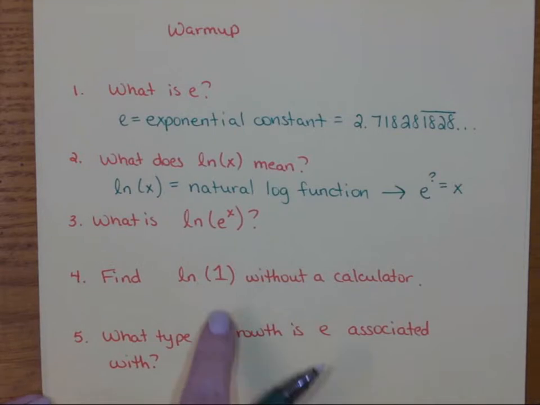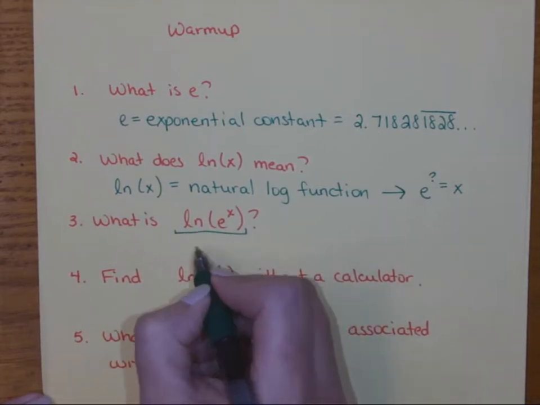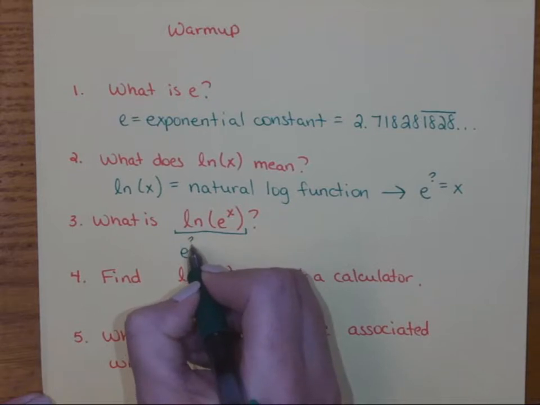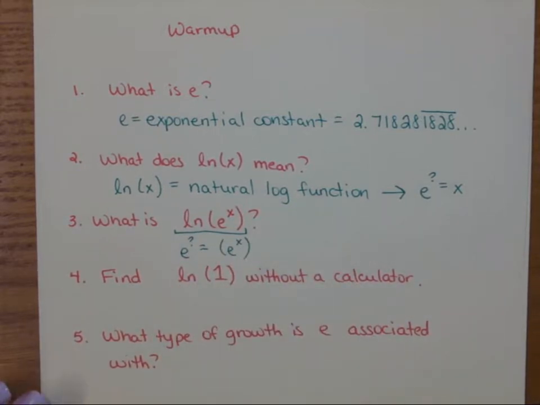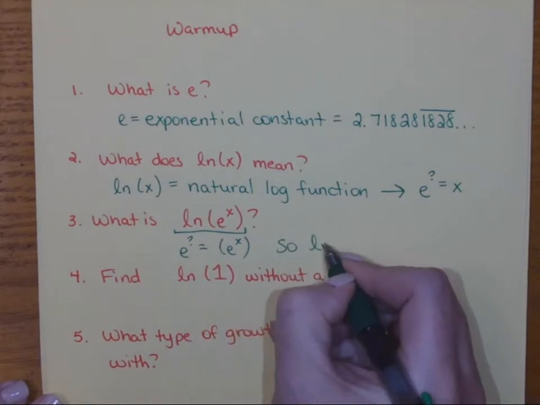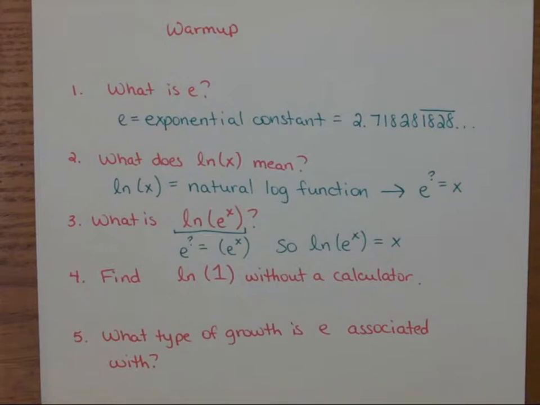So for instance, the question being asked is: what do I need to raise e to give me e to the x? That means the natural log of e to the x is actually just x. Think of natural log and e as inverse operations. They undo each other.